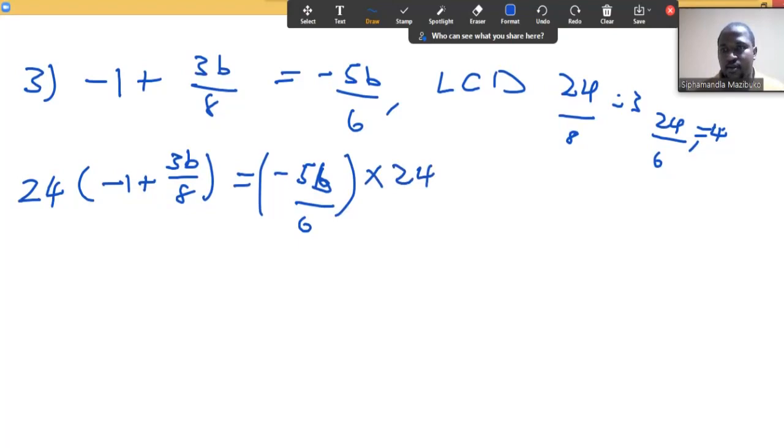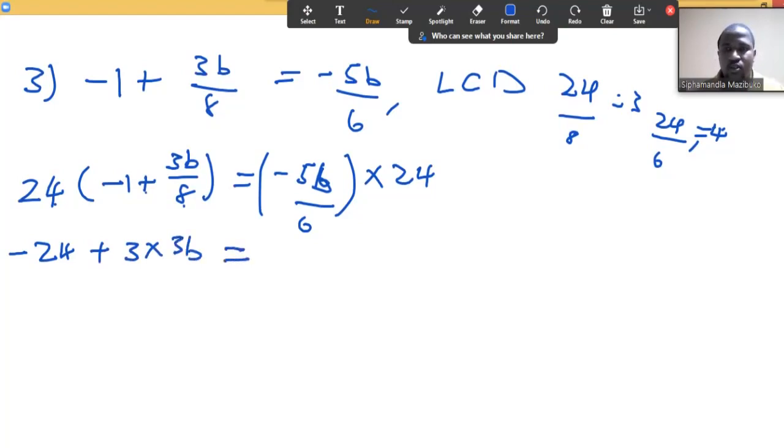So 24 times minus 1 will give minus 24, and then 24 divided by 8 is 3, so you have plus 3 times 3p.